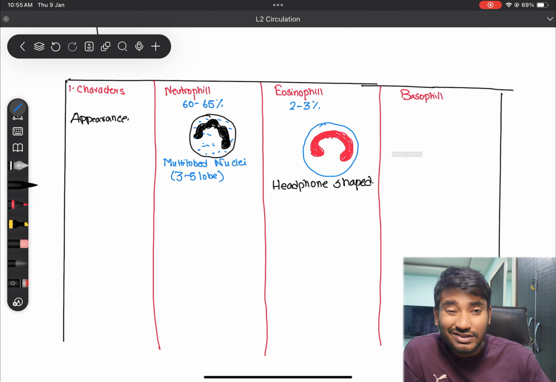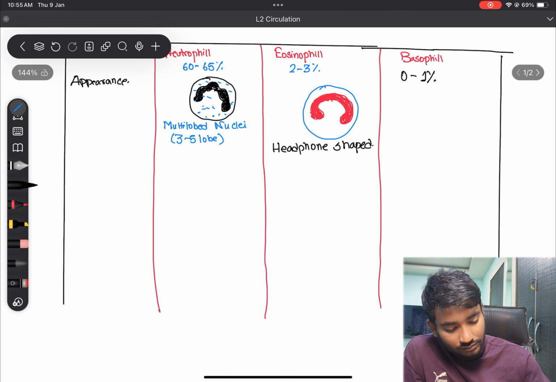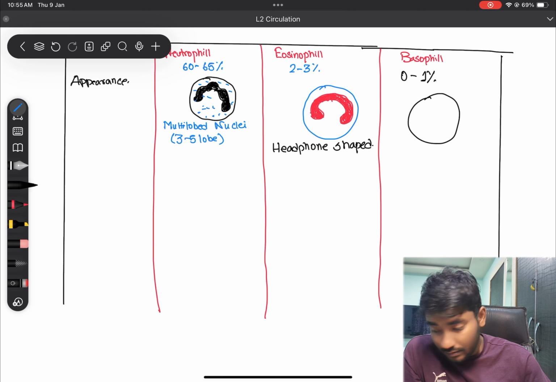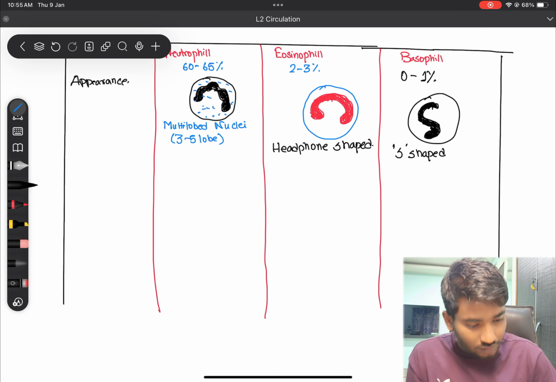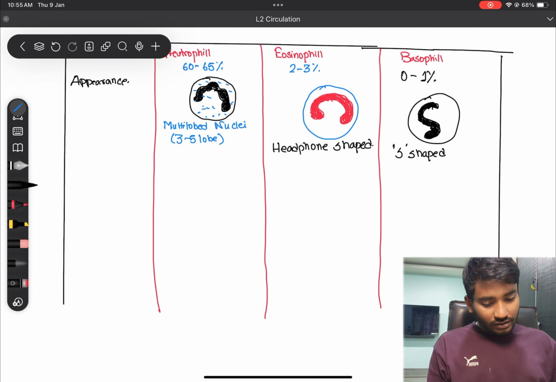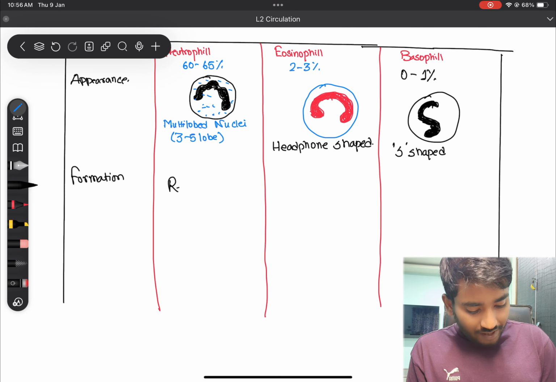Now the basophil is 0 to 1%. Its nucleus is S-shaped. The site of formation: neutrophil is formed in the red bone marrow.